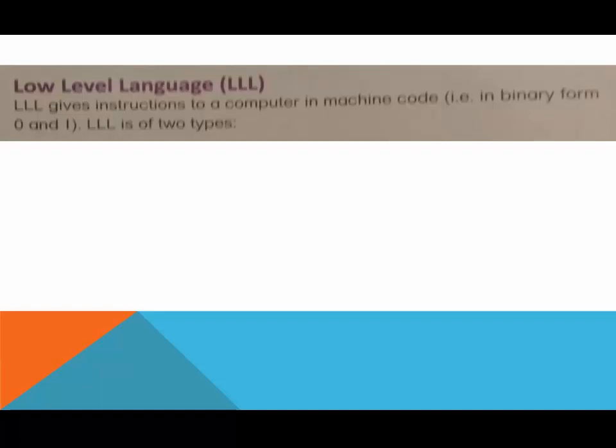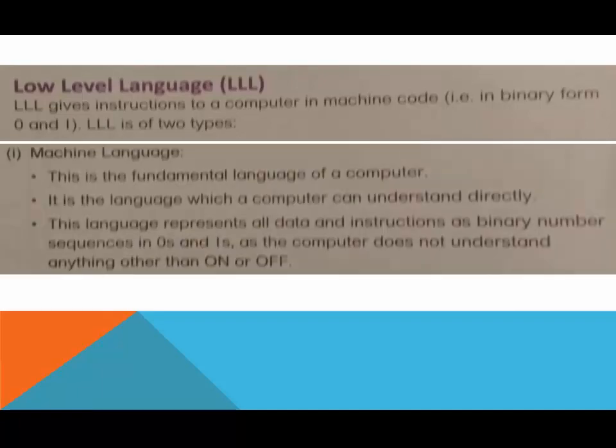Now, low-level languages are of two types, as we already discussed in the chart. Number one, machine language. This is the fundamental language of a computer. It is the language which a computer can understand directly. This language represents all data and instructions as binary number sequences in zeros and ones, as the computer doesn't understand anything other than on and off.